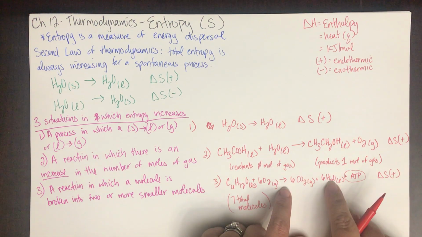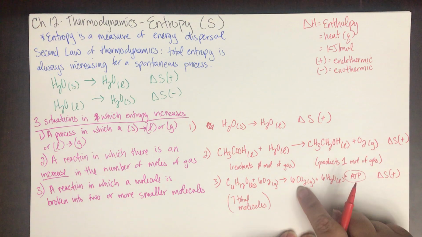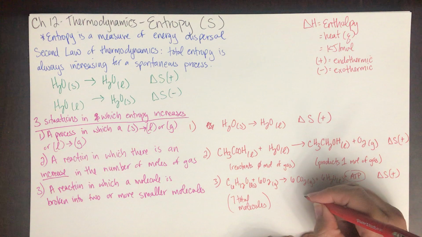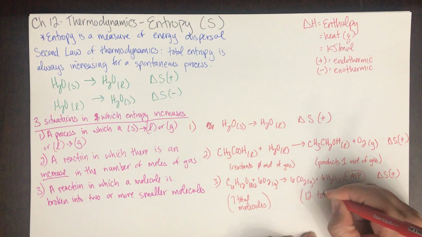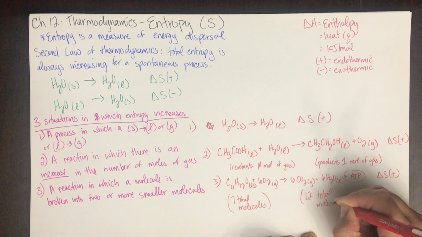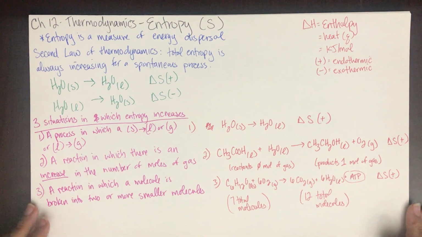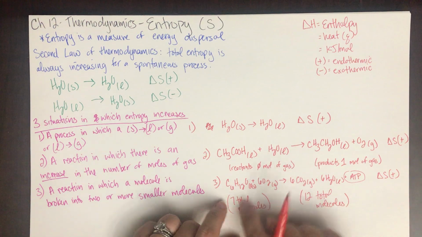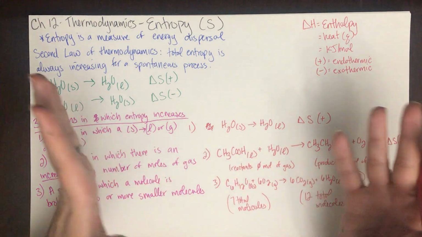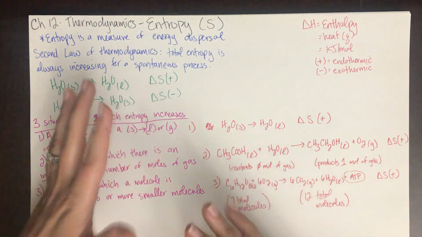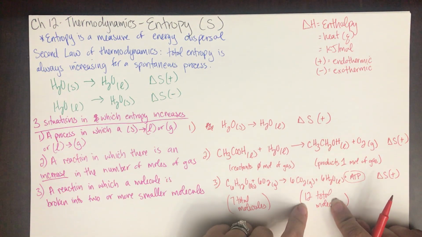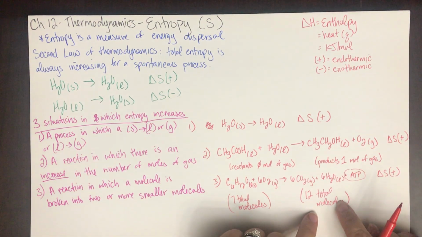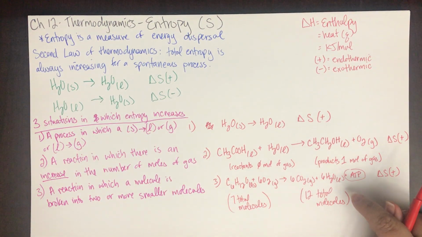And we're producing 12 total molecules, 6 molecules of carbon dioxide, 6 molecules of water, 12 total molecules. So overall we've increased the disorder. So if you imagine that these molecules are just balls in a container, here we have 7 balls bouncing around. Here, now we have 12 balls. So you can imagine that entropy is increased the more molecules that you have.